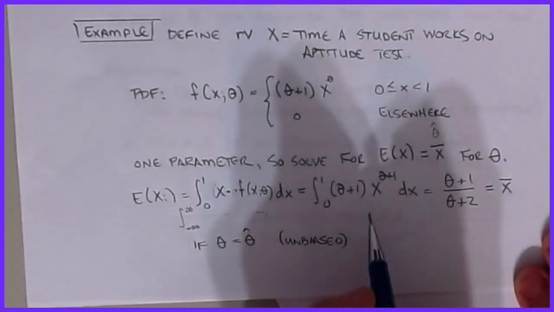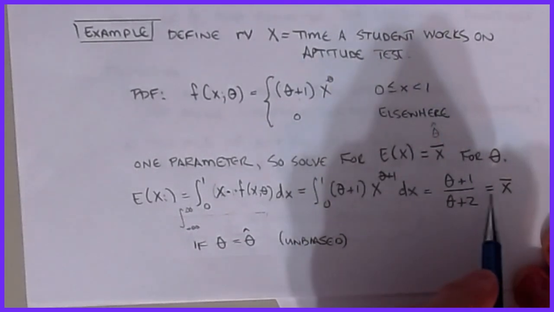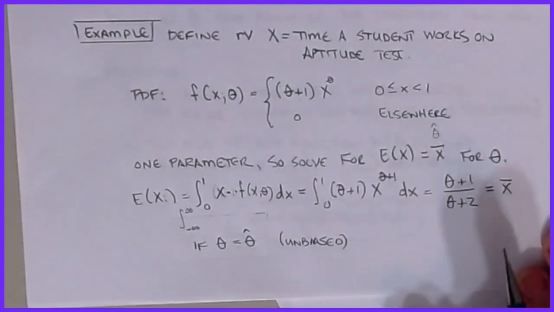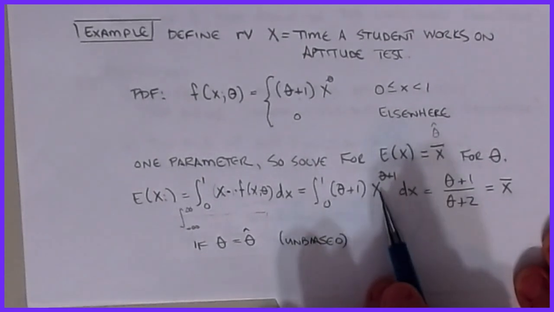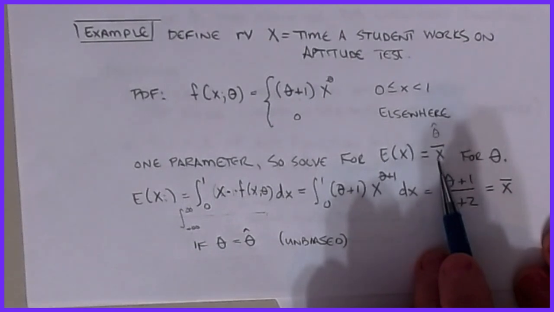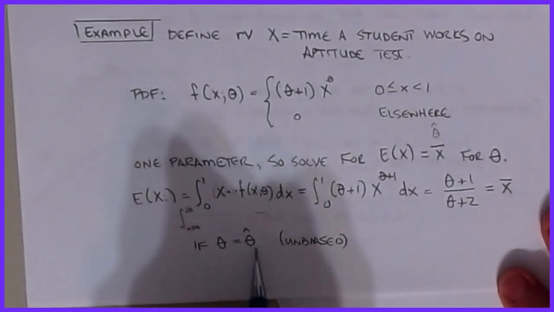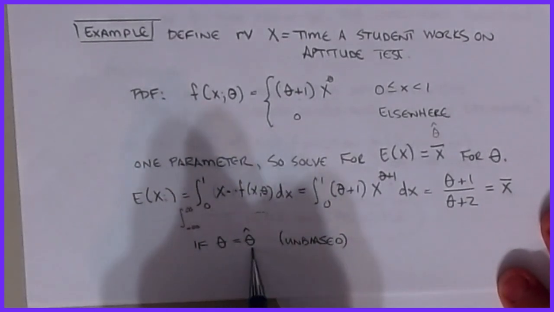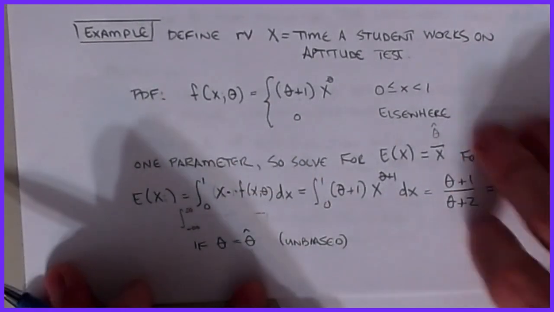And so this becomes (theta plus 1) over (theta plus 2), which is equal to my sample mean, if you will, because the expected value of x is just the sample mean as we define it here. And if we make the assumption that theta is equal to theta hat, so my estimator is equal to what I'm looking for in my population, this is the definition of unbiased.